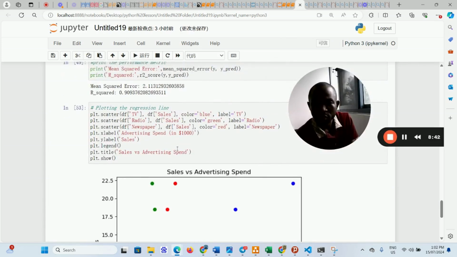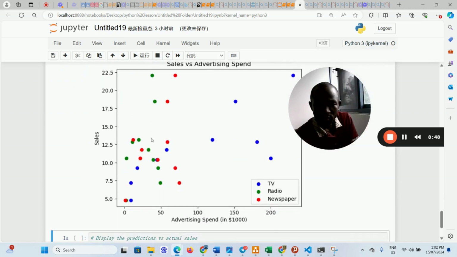Yes, so at this point now, since we are drawing out the scatter diagram, when we run this program, we have the scatter diagram already showing in the cell. Now in the cell, we have TV, radio, newspaper. These are the various colors.